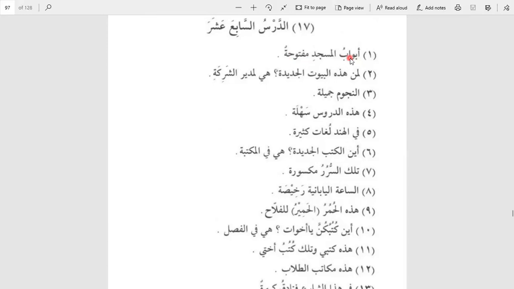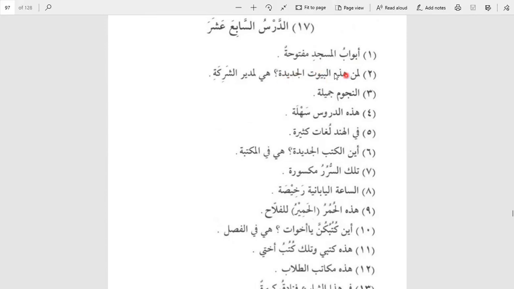When you are addressing kuli jamu mu'annath, it also becomes mu'annath, and this is maftuha. Why? Because al-abwabu is kuli jamu mu'annath. Liman hadhihi al-buyut al-jadida. And look at this, al-jadidatu. Here is the same concept. Why al-jadidatu, not al-jadidu? Because buyutu is referred to as mu'annath.